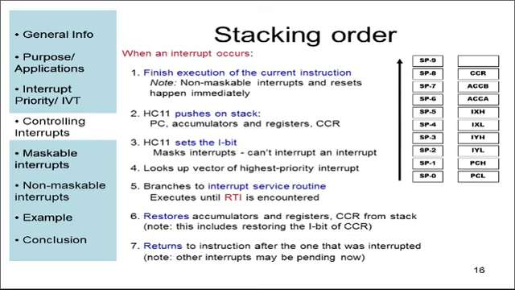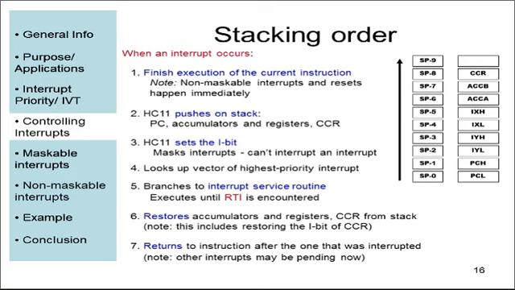When an interrupt occurs, the first thing the CPU does is stacking. It finishes the execution of the current instruction, then the HC11 pushes the registers on the stack. The HC11 sets the I bit and looks up the vector of the highest priority interrupt.